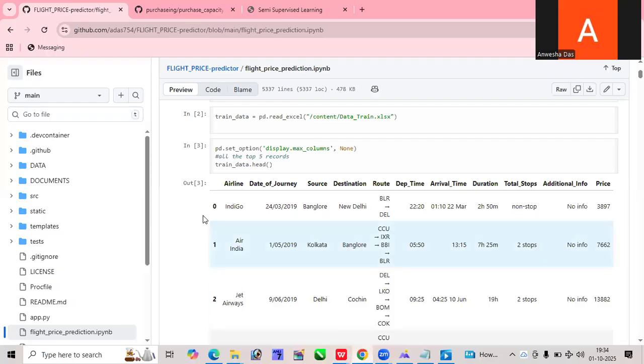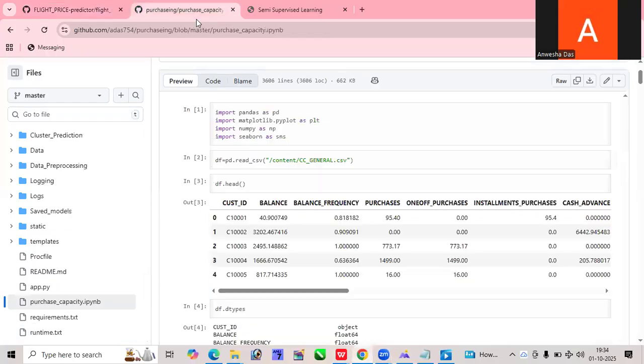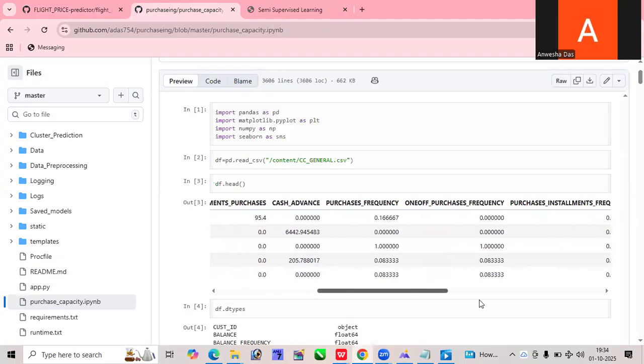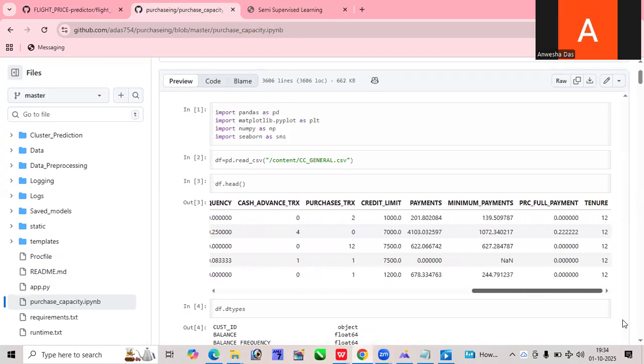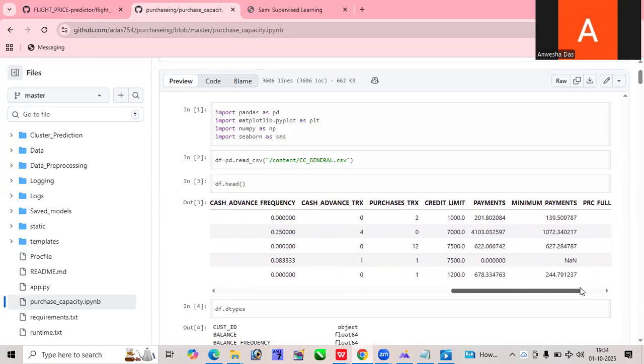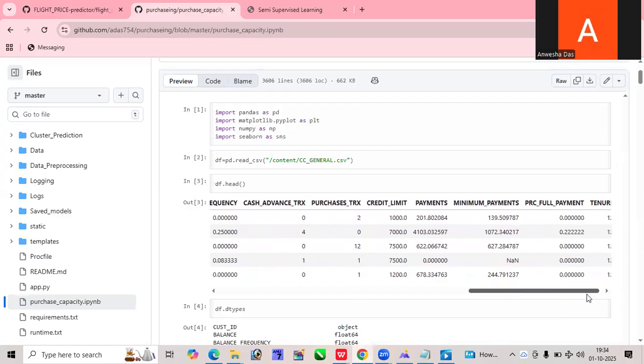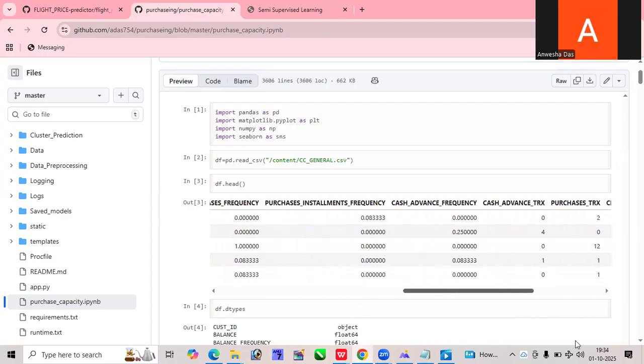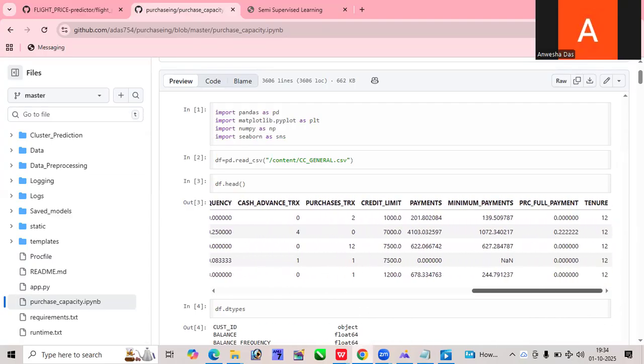Here I have taken another example. Here the customer ID, balance inquiry, all those things are there. Based on that, they will group the data, who will take a loan and who will not take a loan.